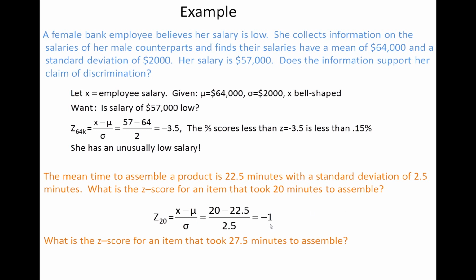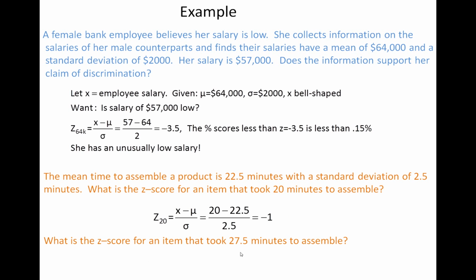So negative 1. So the assembly time was 1 standard deviation below the mean. So it took less time to assemble, obviously, because you can see that, but it was 1 standard deviation below the mean.